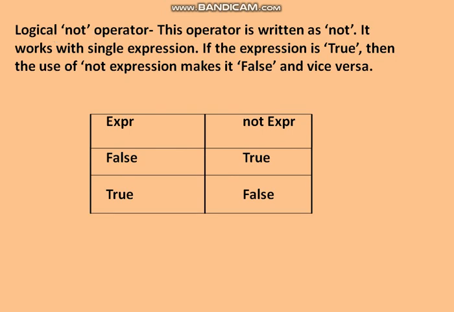This operator is written as NOT. It works with a single expression or operand, so it is a unary operator. This operator negates or reverses the truth value of the expression. In other words, if the expression is true, then the use of the not operator makes it false and vice versa. That's the end.